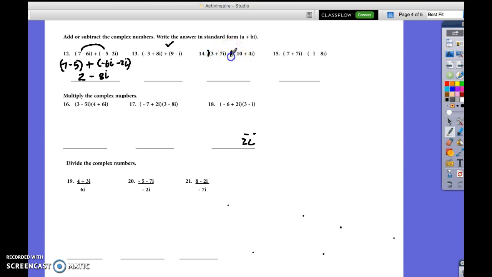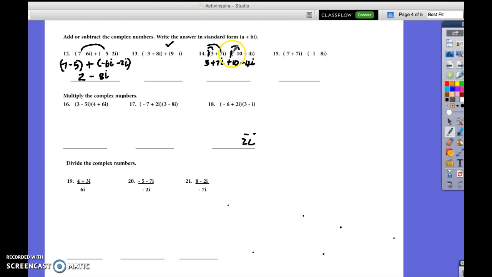Outside is not a 1, it's a negative 1. So we're going to do the distributive property like this. Positive 1 times positive 3 gives you a positive 3. Positive 1 times positive 7i gives you a positive 7i. In this case, negative 1 times negative 10 gives you a positive 10. And finally, negative 1 times positive 4i gives you a negative 4i.